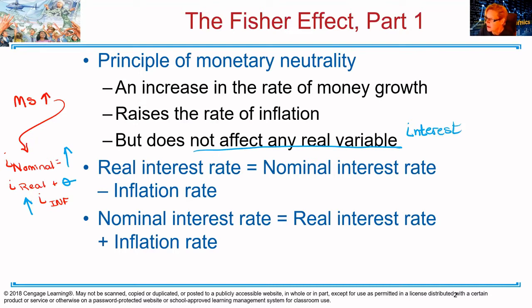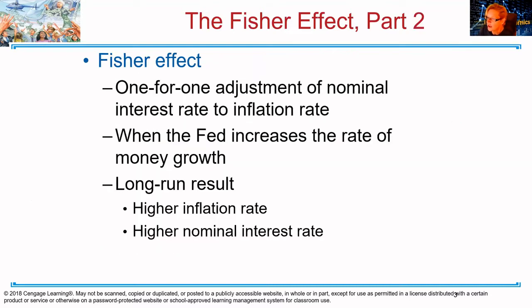So again, there's a one-for-one adjustment. So if we increase the money supply by 5%, then if we believe in the Fisher effect and the classical dichotomy, and velocity is relatively constant, essentially the nominal interest rate will go up 5%.